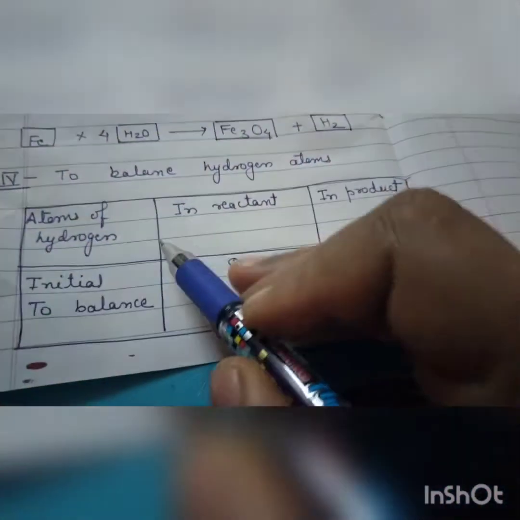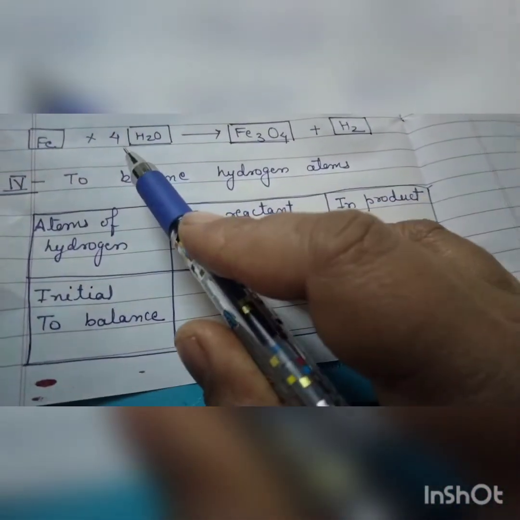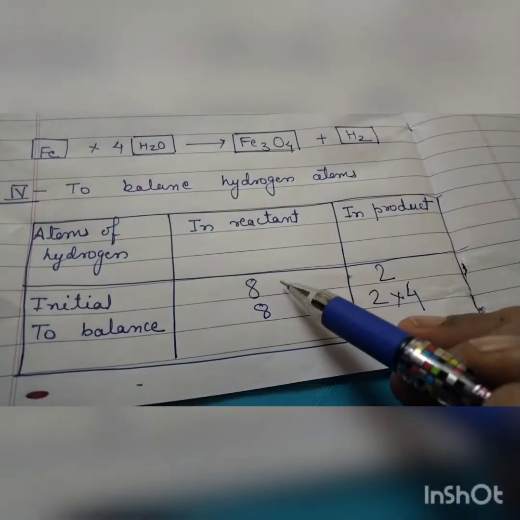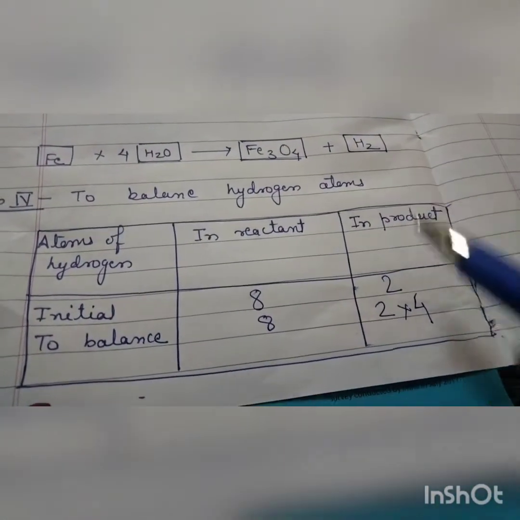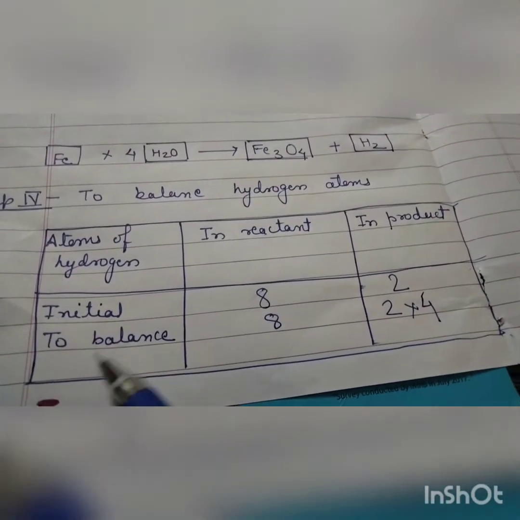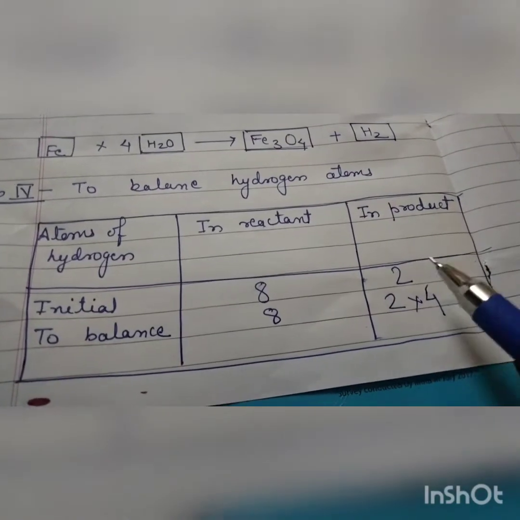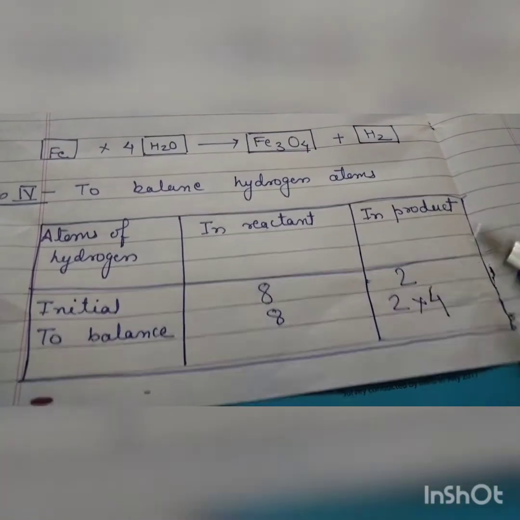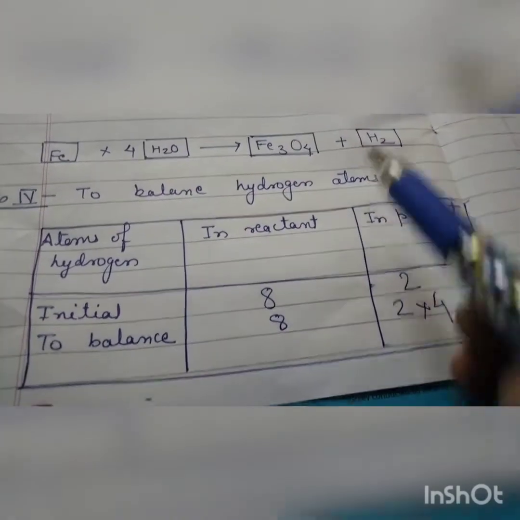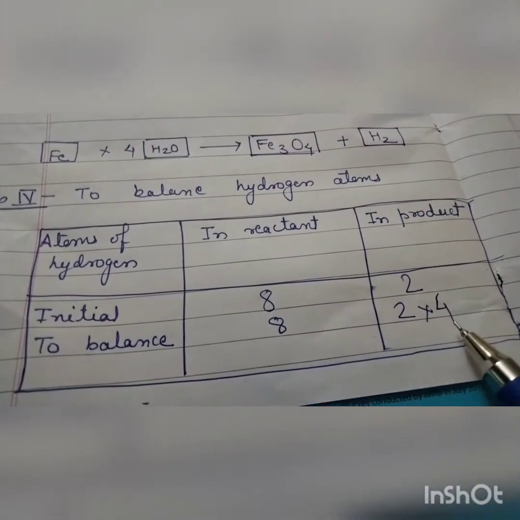Number of hydrogen atoms in reactant side, it is 8. I have written here 8, but in product side it is 2. Now how to balance it? To make it 8, we will multiply it with 4. Here we will write 4. So 2 multiplied by 4 is 8.